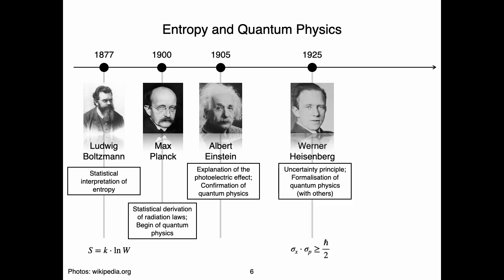Then it took 20 years, so now 100 years ago, 1925, seen as the year where quantum physics was formalized, also by works of other physicists like Max Born and so on. But also where Werner Heisenberg introduced the uncertainty principle, which means that you can't precisely determine the location and the momentum of a particle in the quantum picture of the world.